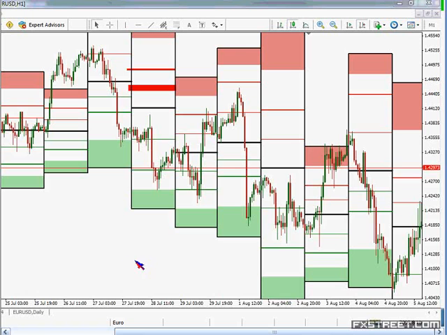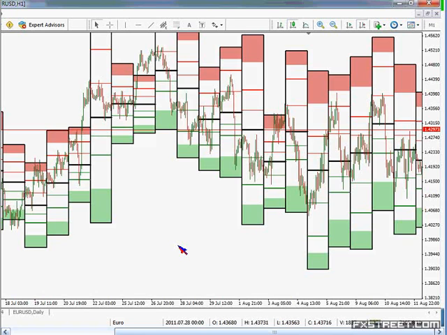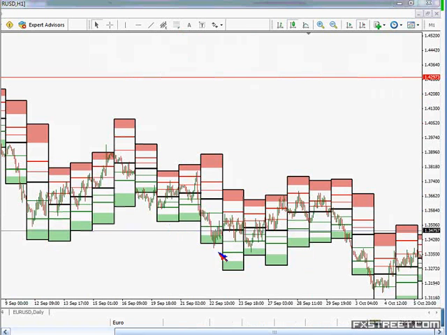Right. A rule I was going to explain about pivots at some stage, guys, but I'll mention it now, is when you've got narrowing pivots, where's an example here? When the pivots are getting narrow, because the day's price action sort of trapped a little bit.